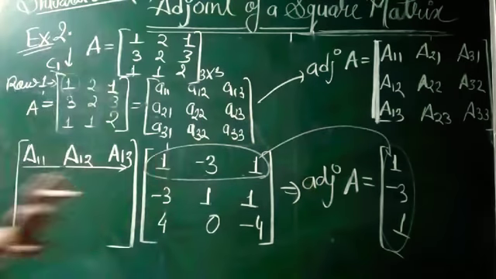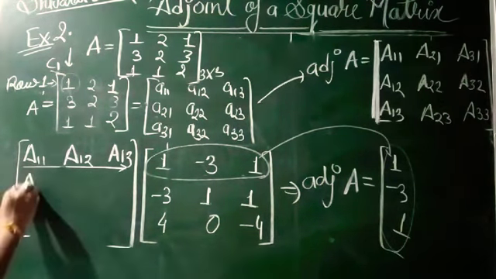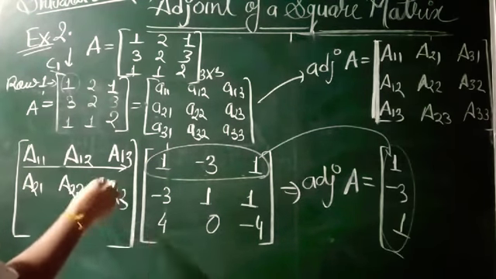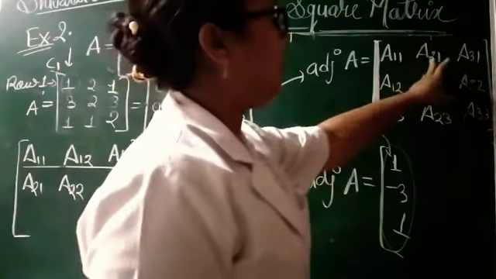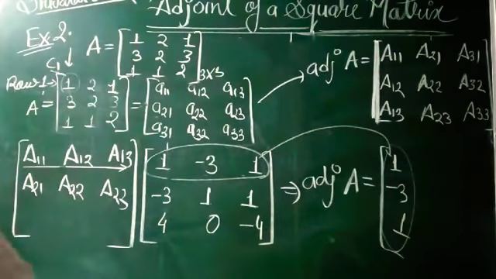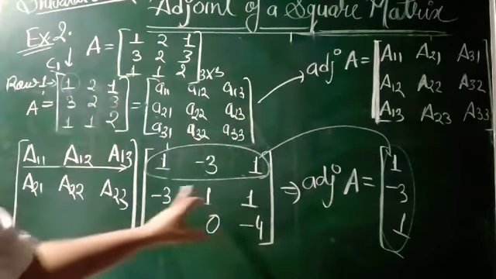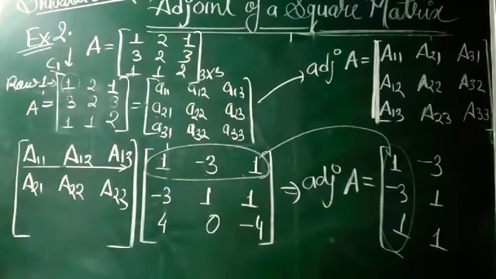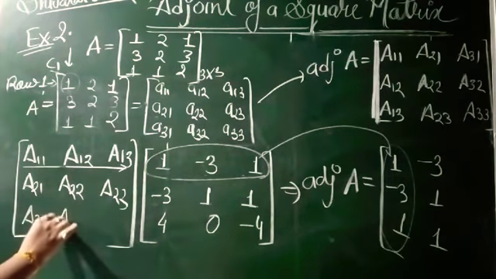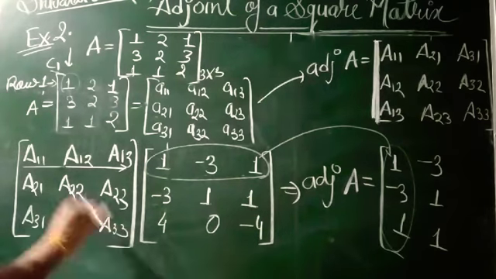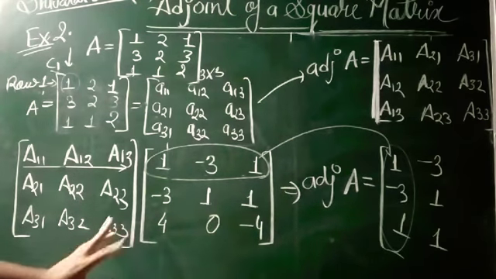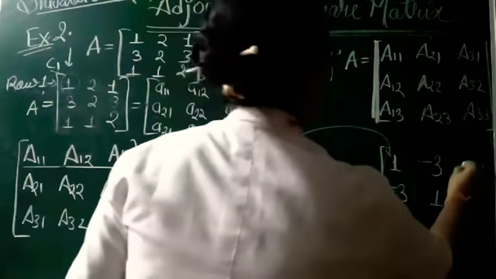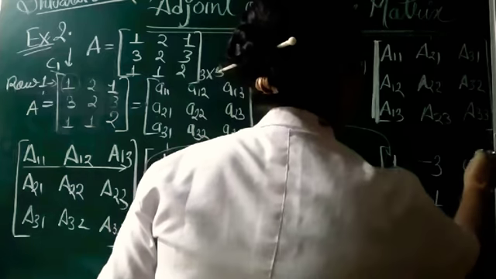And second, cofactor A21, A22 and A23. It also changes. You see here minus 3, 1, 1. So it will become minus 3, 1, 1. And last A31, A32, A33. Cofactor of A31, A32 and A33. We change and it will become 4, 0 and minus 4.